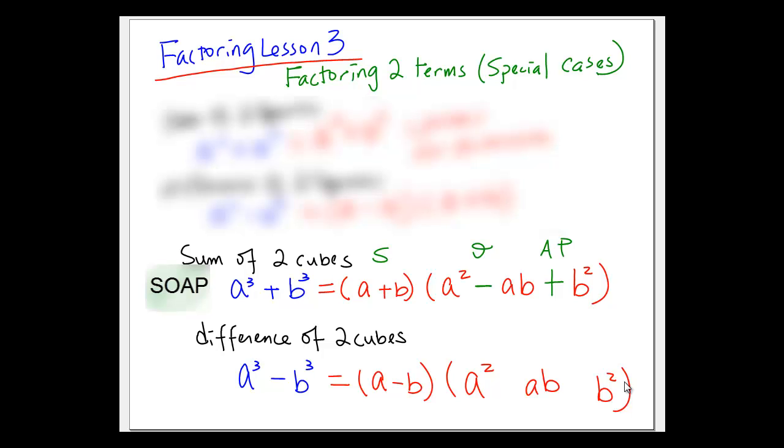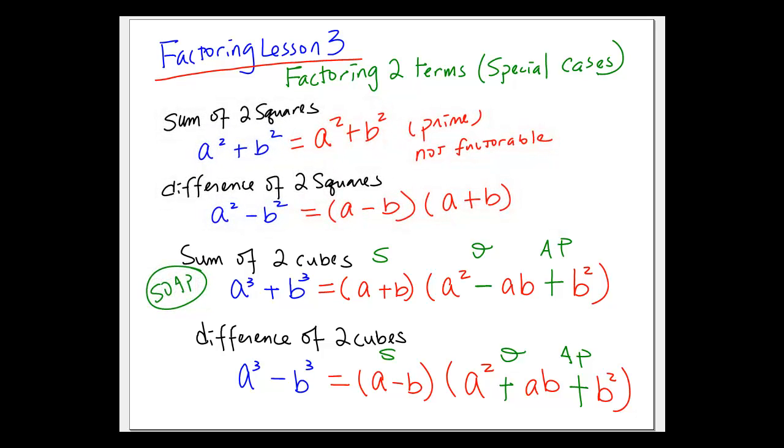And the sign is going to be SOAP, S-O-A-P, meaning same as this, the difference of 2 cubes, opposite of that, so it's going to be a plus, and the last term is always positive. So practice this, and you will need this and be able to apply it during the test.